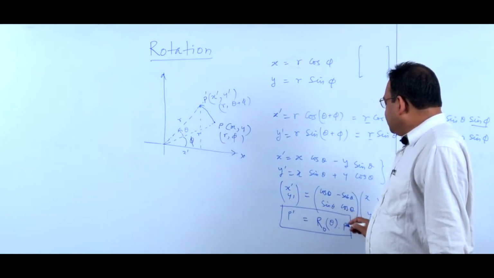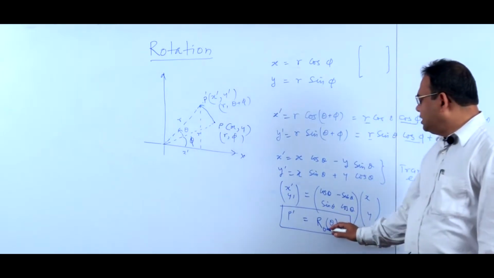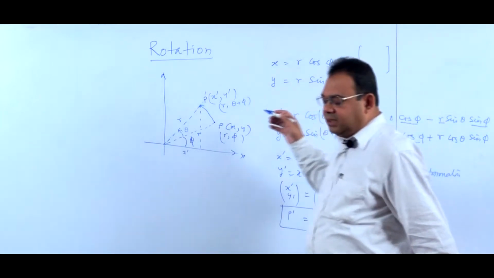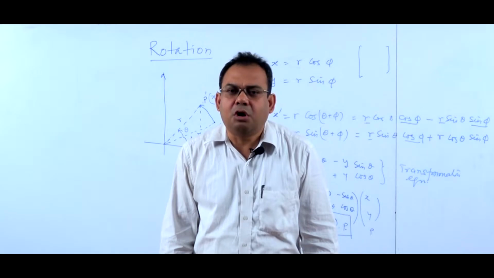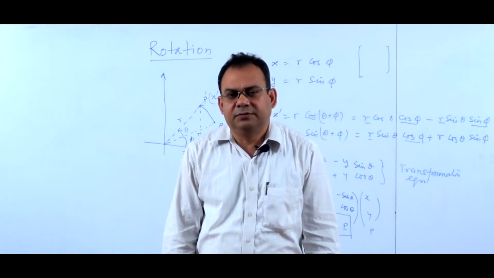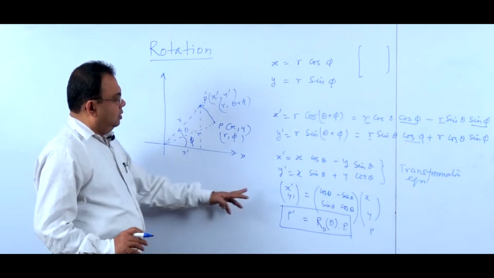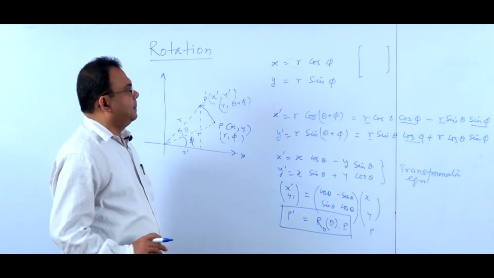The operations are also very simple, because in this case you multiply two matrices, and in earlier cases, in case of translation, we add two matrices. So these operations are very simple and very fast. So this is the pure translation operation.